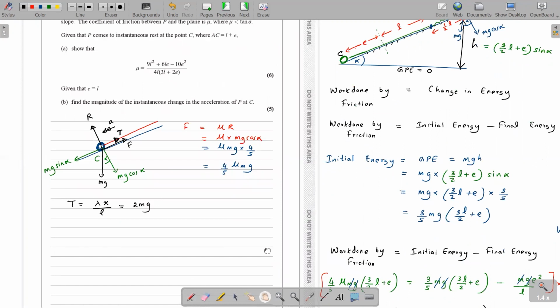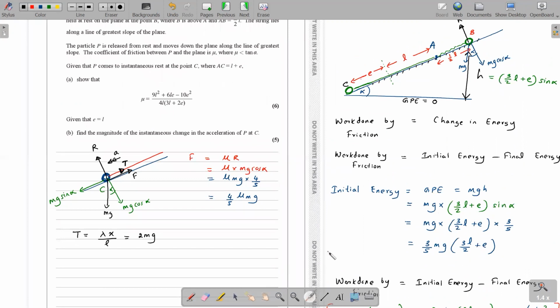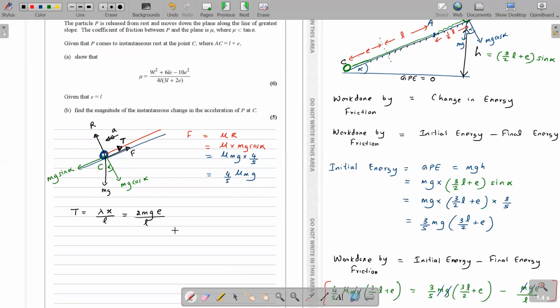X is the extension, the value that your string is stretched beyond its natural length. They have told us E is equal to L. So 2 mg L over L, the L's cancel. Tension is 2 mg.